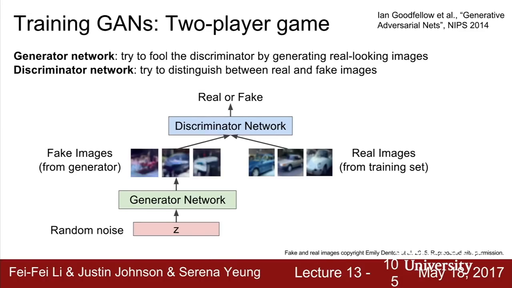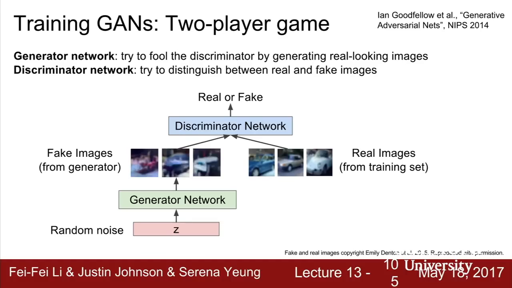So what this looks like is, we have our random noise going to our generator network. The generator network is generating these images that we're going to call fake, from our generator. And then we also have real images that we take from our training set. We want the discriminator to be able to distinguish between real and fake images, outputting real or fake for each image.